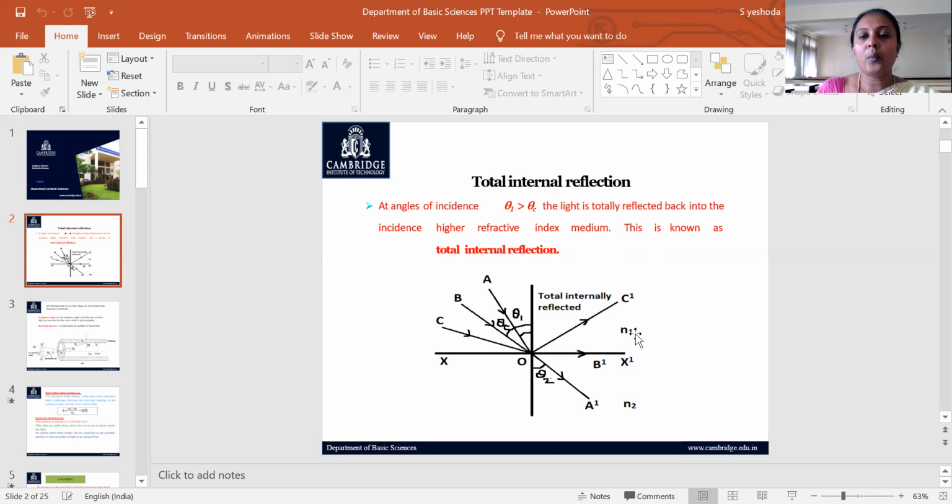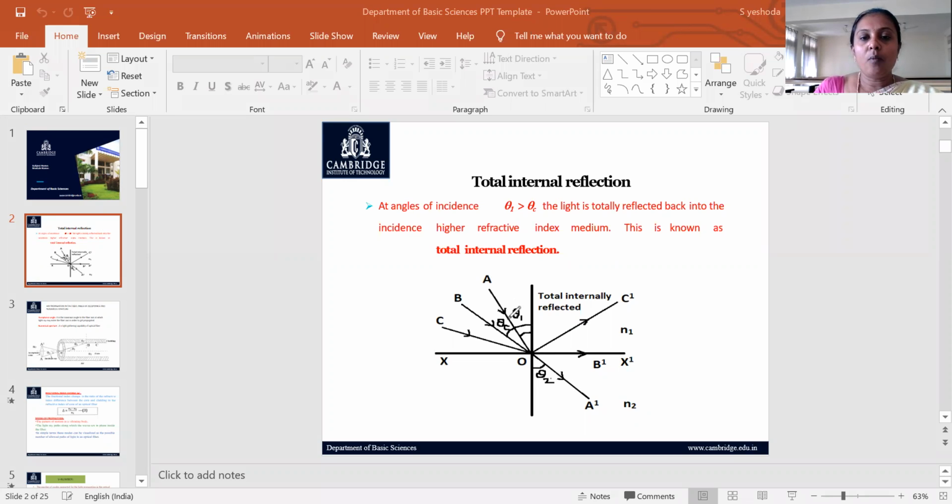Now let us consider two different refractive index materials: one with a higher refractive index, let us call that N1, and another with refractive index N2. When we incident a ray of light, let us take AO as the incident ray. When it is incident from the refractive index N1, it will get refracted in the other medium, with refractive index N2.